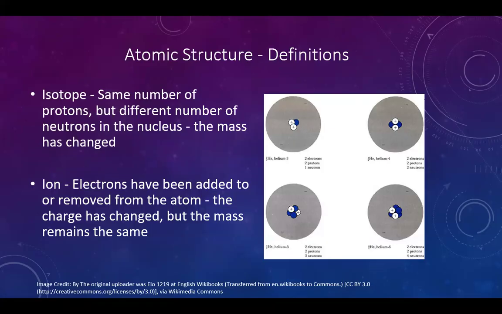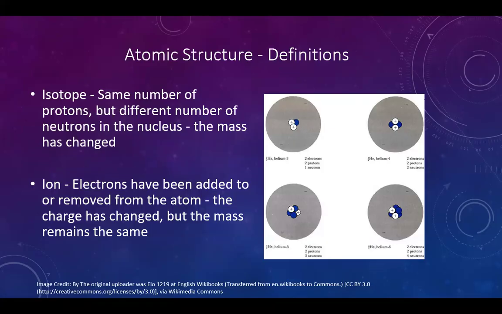However, a small portion of helium is helium-3 with 2 protons and 1 neutron. It's lighter. It has some slightly different properties because the spin of the nucleus is a little different. But the main difference for an isotope is a different number of neutrons, so a different mass. The way you say it is the element name and then the mass.